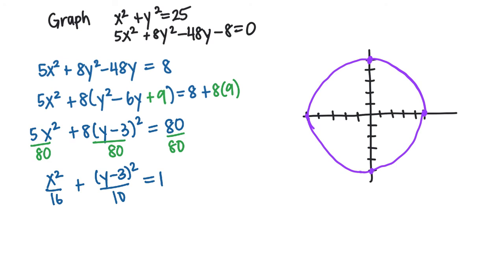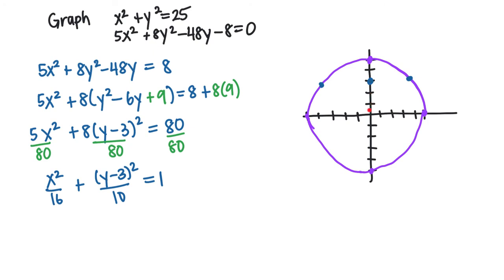So the center is (0, 3), which is up here. Okay, the x radius is 4. Okay, 1, 2, 3. So around here. 1, 2, 3, 4. Okay, the y radius is the square root of 10. The square root of 10 is 3 point something.